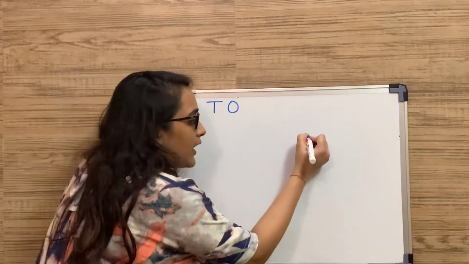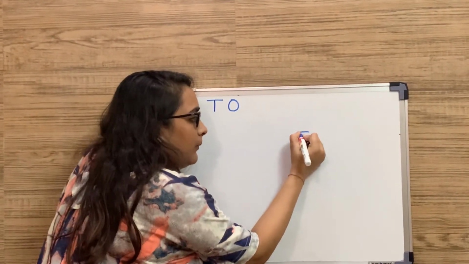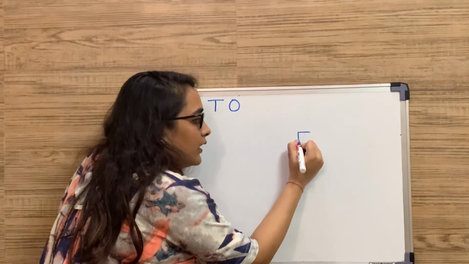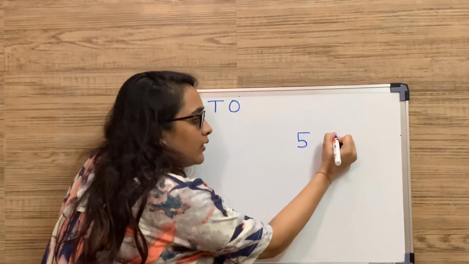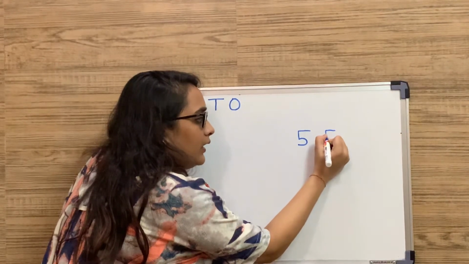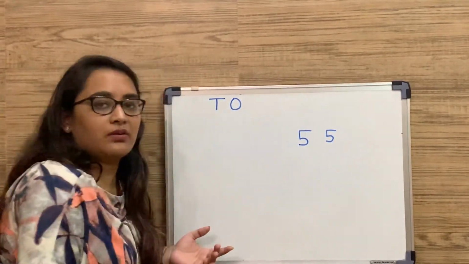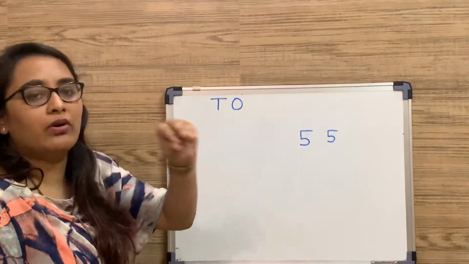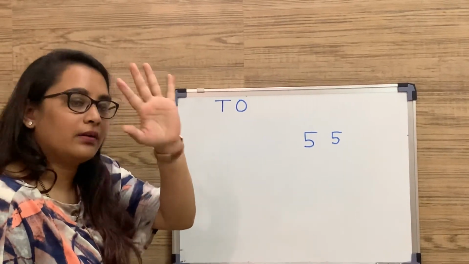Then the number 5: sleeping line, standing line, curve. That's it. Number 5, 5 fingers in one hand.